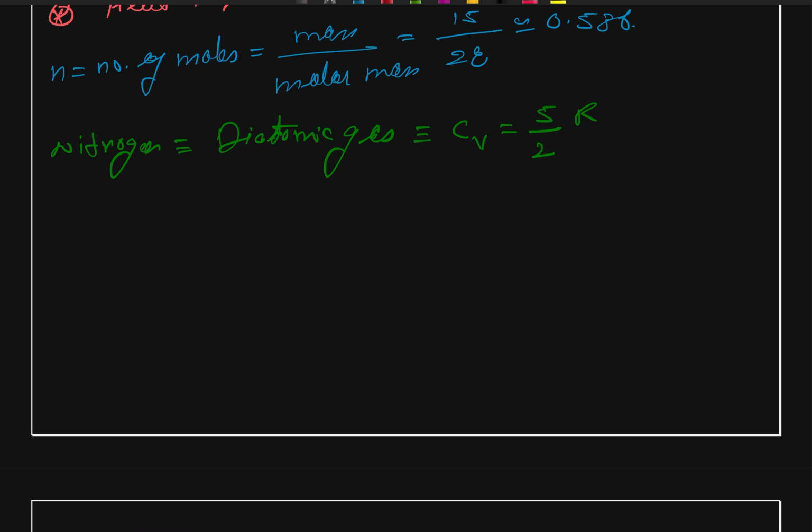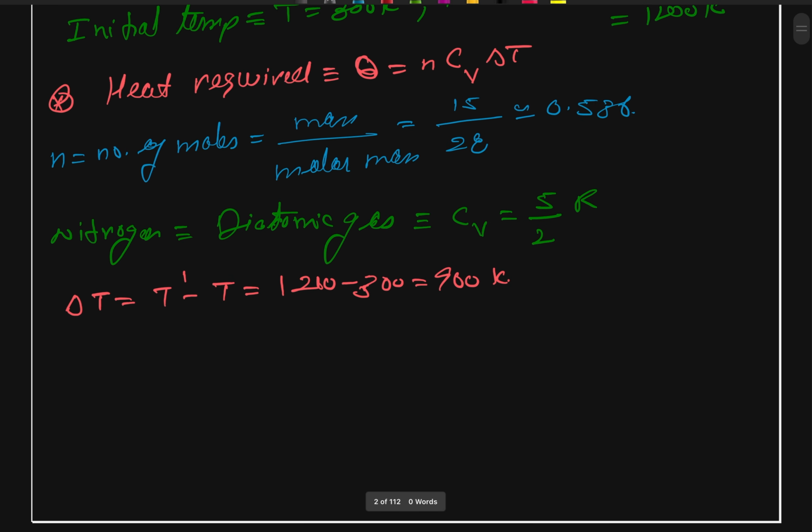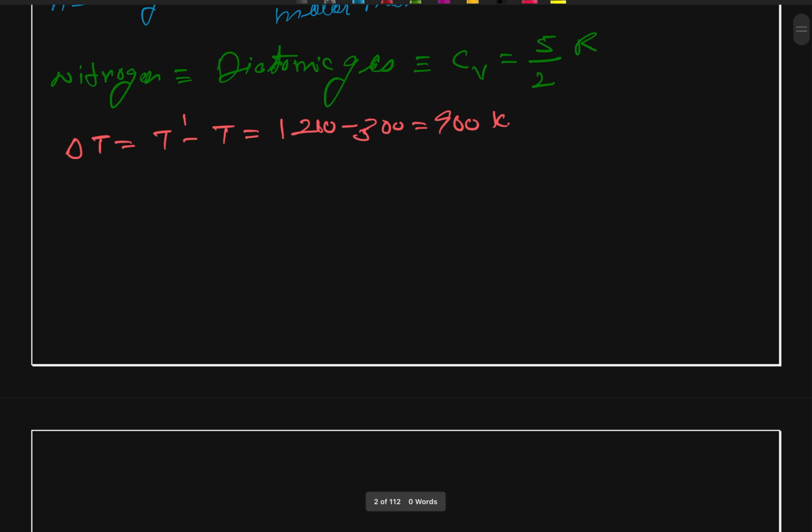So we can say delta T is equal to our final temperature T prime minus initial temperature T. Final temperature is 1200 minus 300. So this gives us 900 Kelvin.